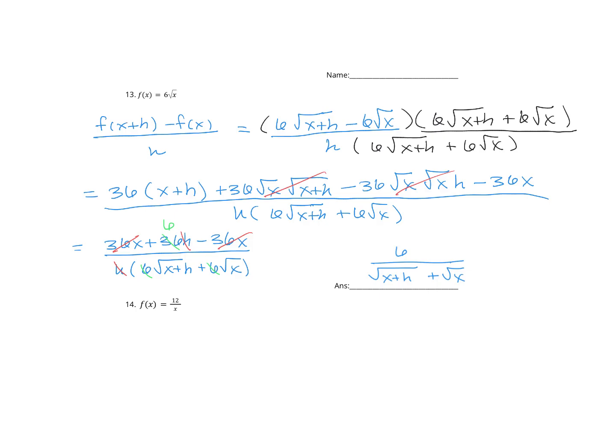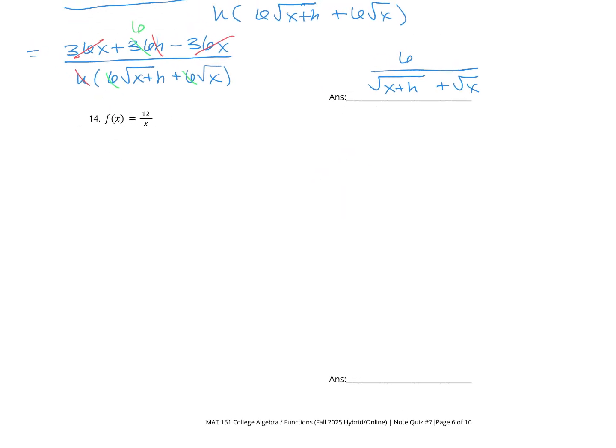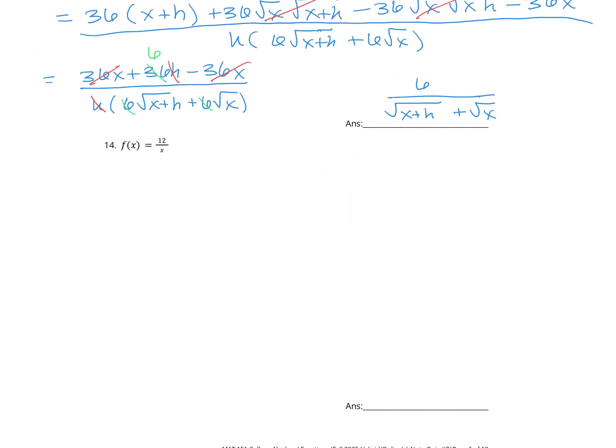All right, now let's do the same thing for the next problem. So for review purposes again, our difference quotient is f of x plus h minus f of x all over h. So that's going to be 12 over x plus h minus 12 over x all over h.